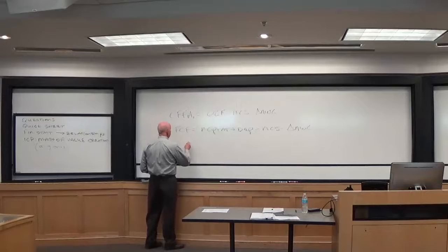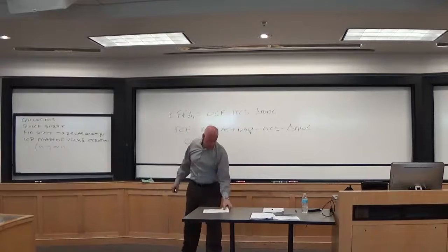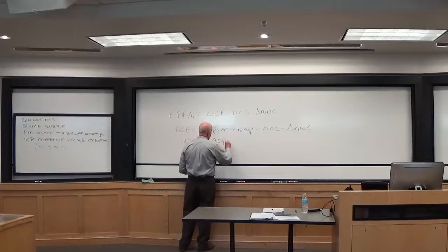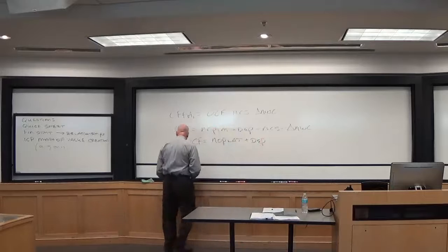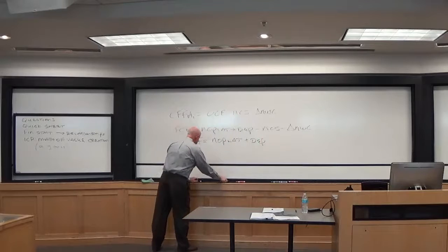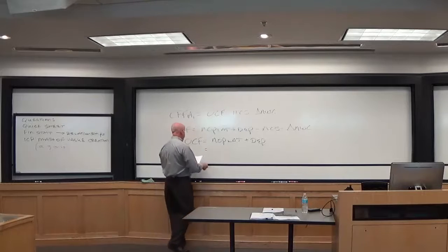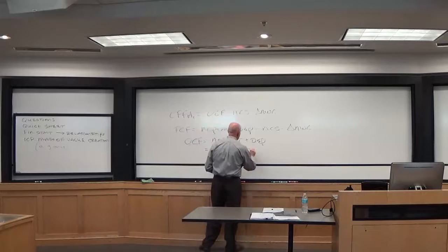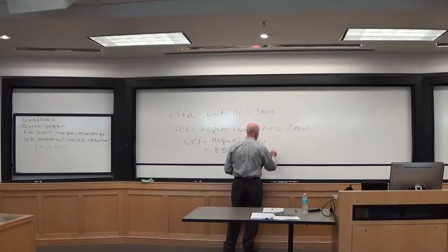So let's see if we can reconcile that against what we already knew. We're going to see here that it equaled NOPAT plus depreciation. But we see on your quick sheet that OCF is equal to EBIT plus depreciation and amortization minus taxes.